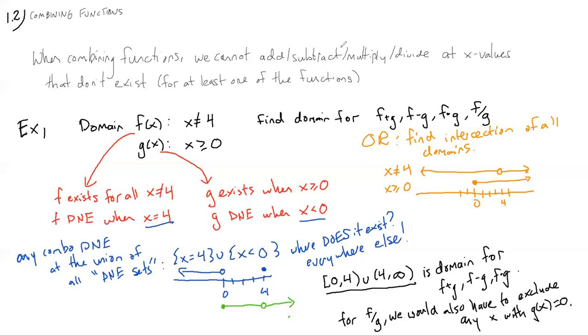If I want the intersection of those two regions, to the left of 0 I only have one of the regions, so it's no good. It's going to skip over the 4. So I have everything from 0 up to 4, and then everything after 4. You can see we get the exact same set as we had doing the roundabout way. We get the same conclusion. So it's whatever you're more comfortable with, but both should give you the same answer.